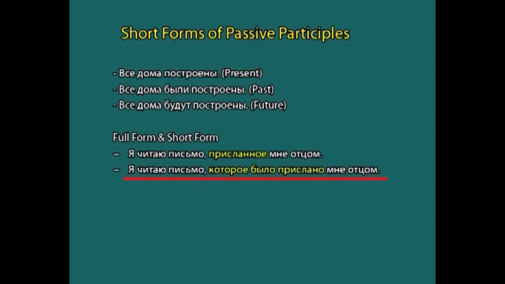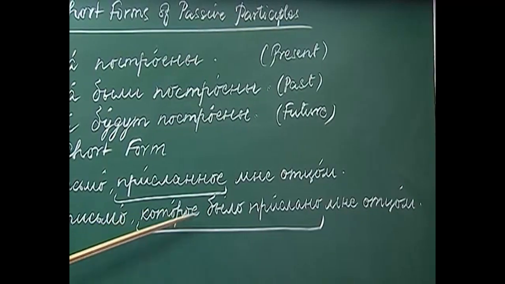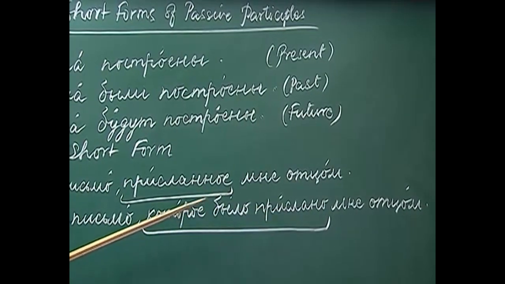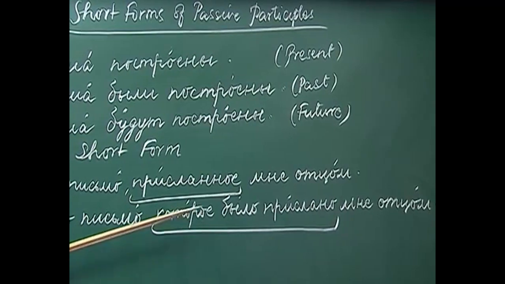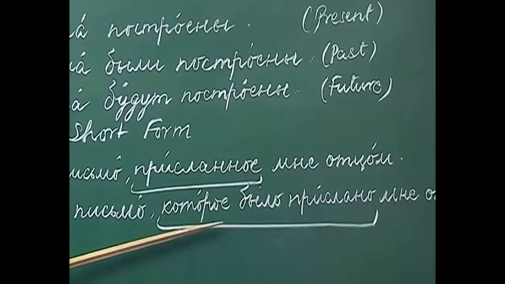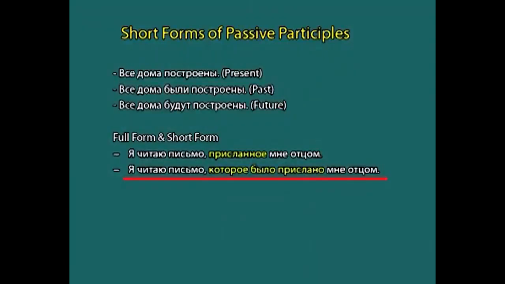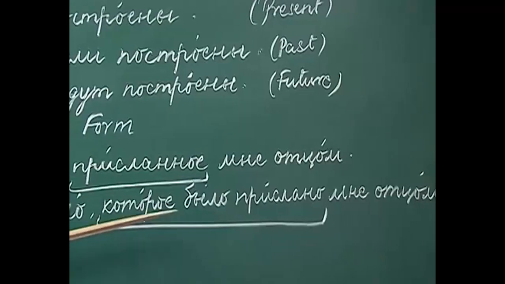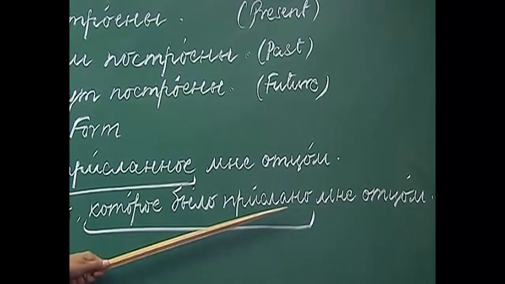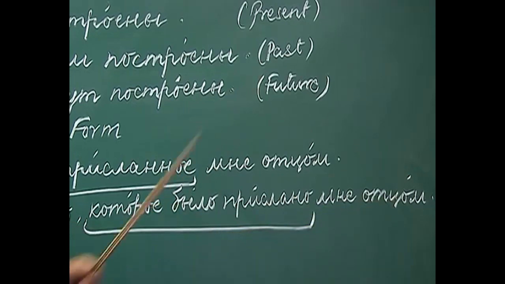Я читаю письмо, которое была присланно мне отцом. So, here as you can see we are using the short form along with the word который in the appropriate form, and the rest of the things remain the same. So, which was sent to me by my father.